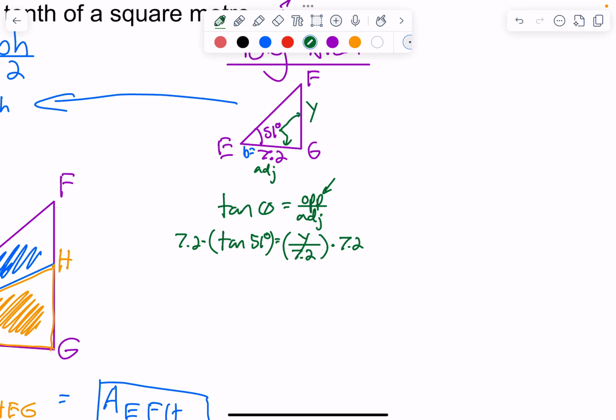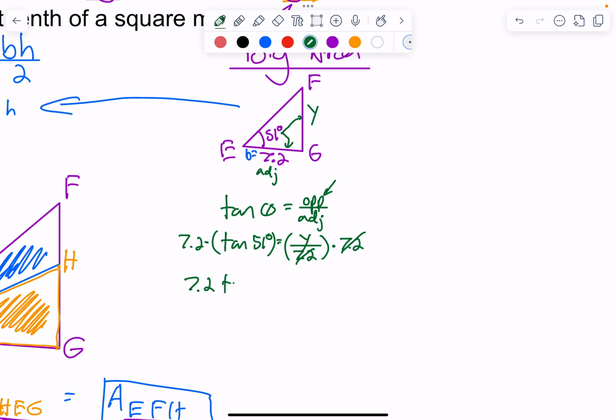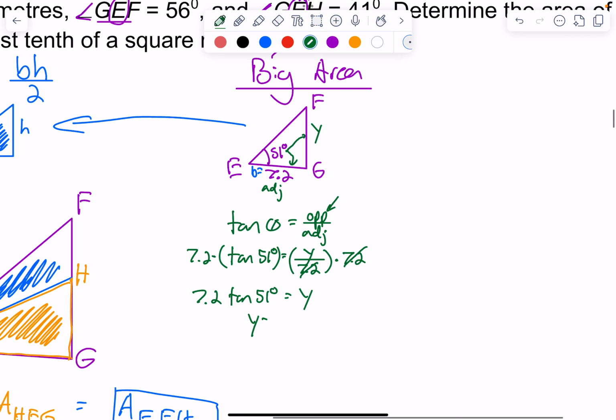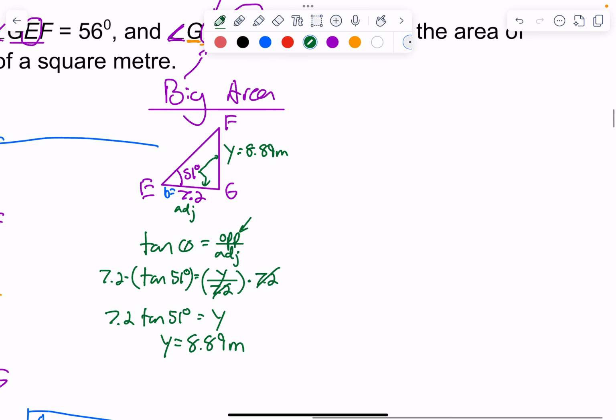Now these will cancel, and you get 7.2 tan 51 degrees is equal to y. So tan 51 times 7.2, I get a y that is 8.89 meters. Or you can round, I went to 2 in this case.